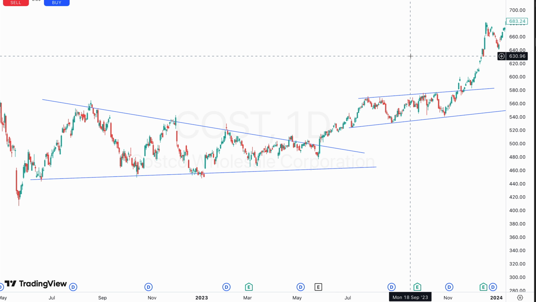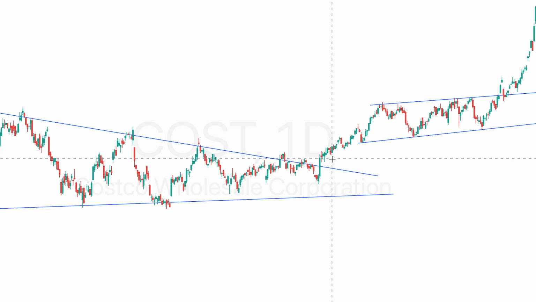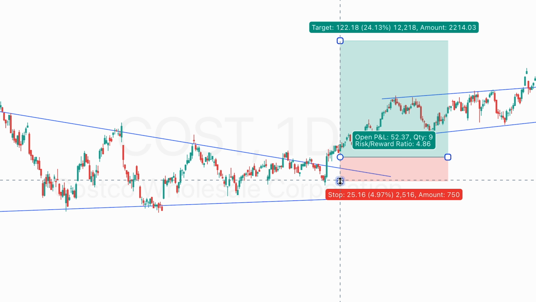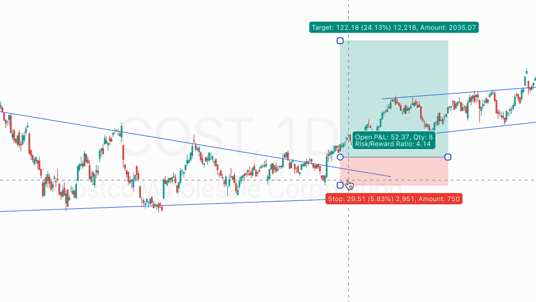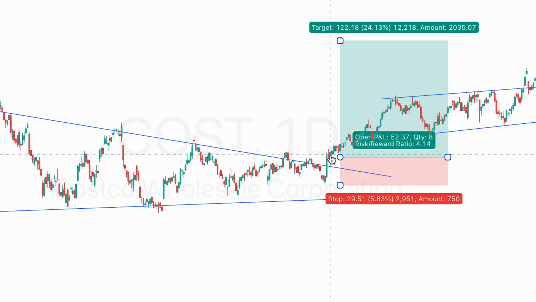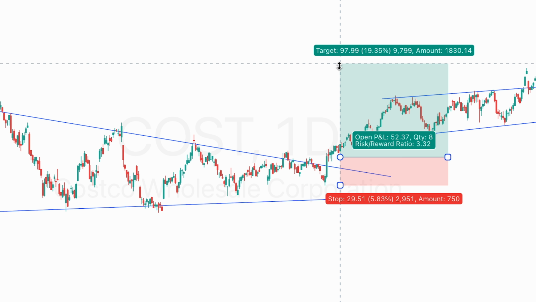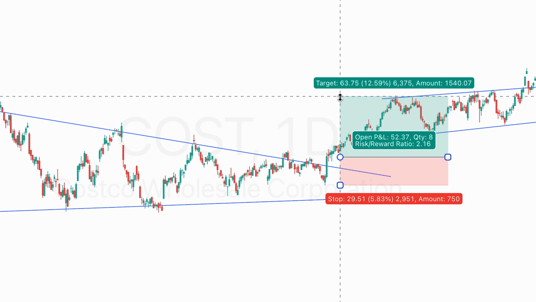So coming to the fourth point, we have to keep a good target and stop loss. If we took a trade here, our target would be 2 times our stop loss. That is, our stop loss should be just below the trend line or just below the first swing of that breakout. And for the take profit, we can say take at least 1:2.